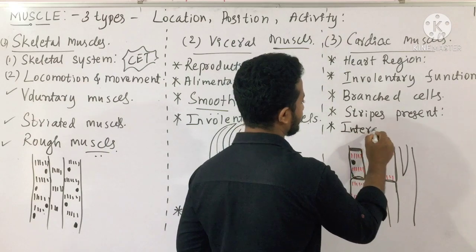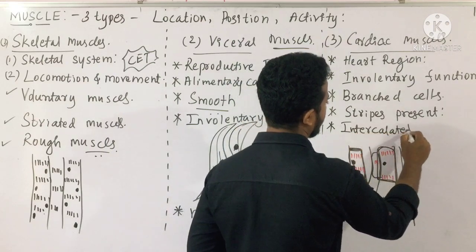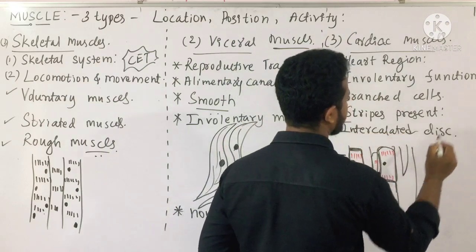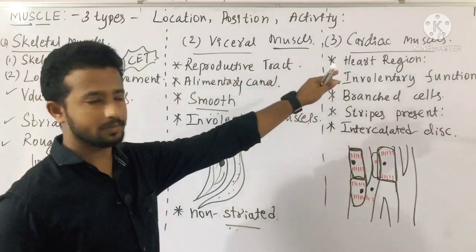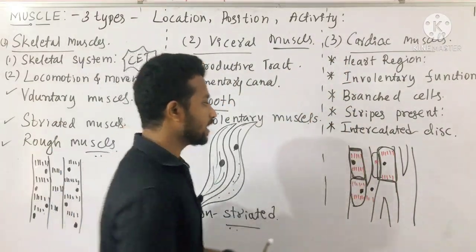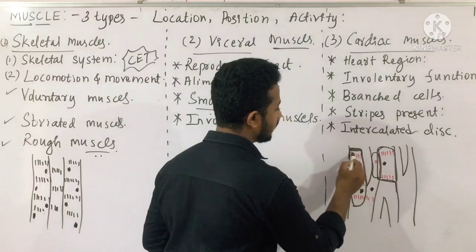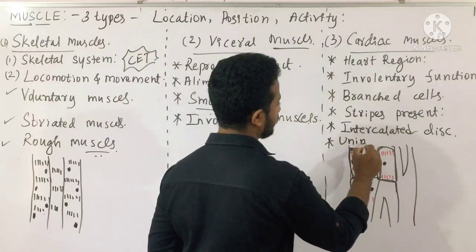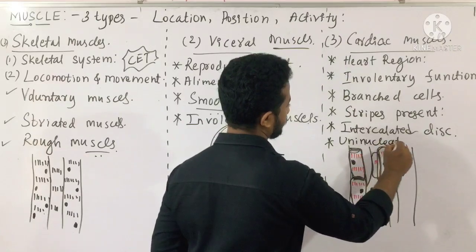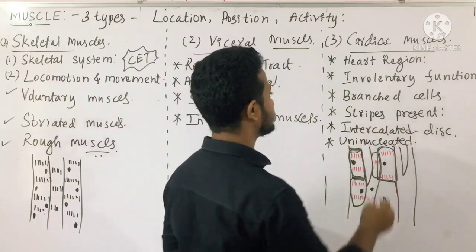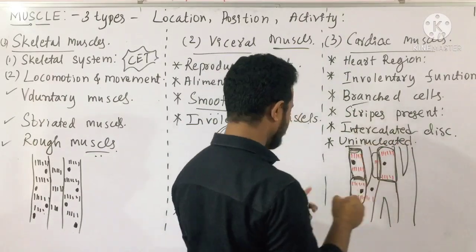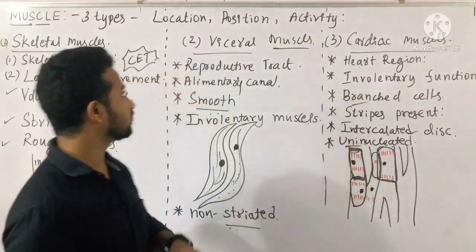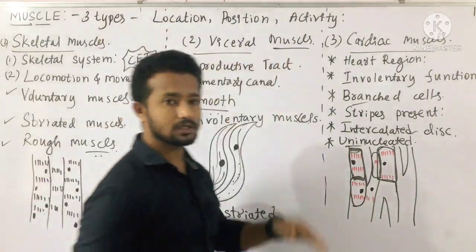Intercalated disc is a special property of these cardiac muscles, where individual cells are separated by intercalated discs. Of course, they are uninucleate. Branched condition and uninucleate condition are the two special properties of cardiac muscles.